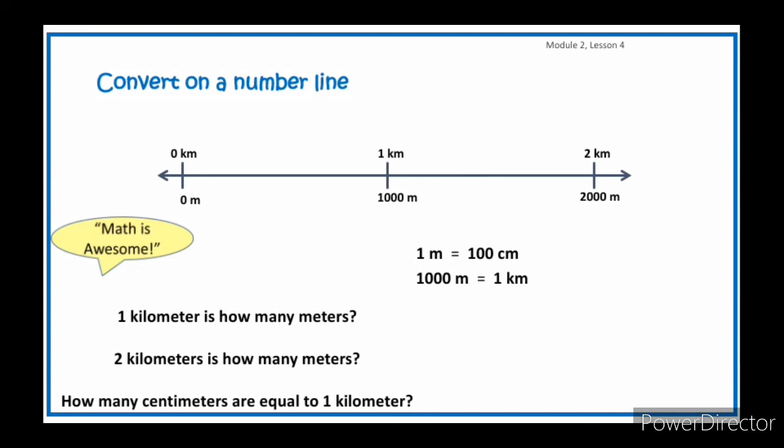So what do you think we should do to get our answer? In each one of the 1,000 I have 100. So it's like 100 is repeating itself 1,000 times. So what do we do? Correct. We multiply. So therefore, 1 kilometer is equal to 1,000 times 100.